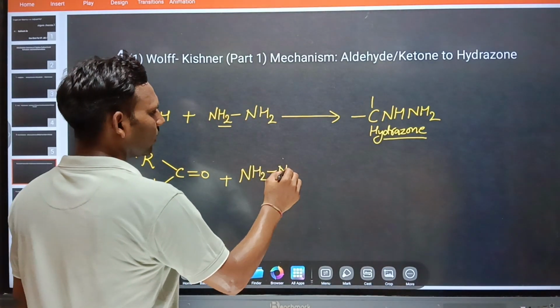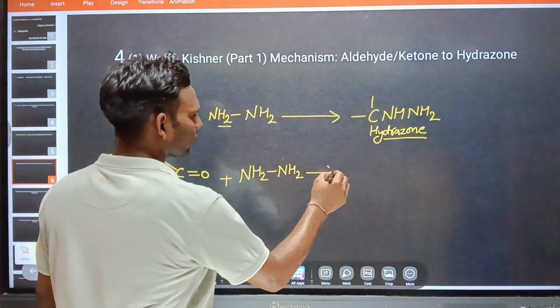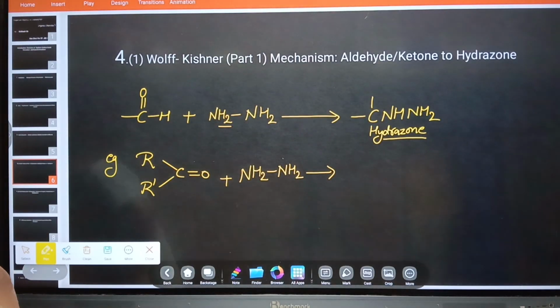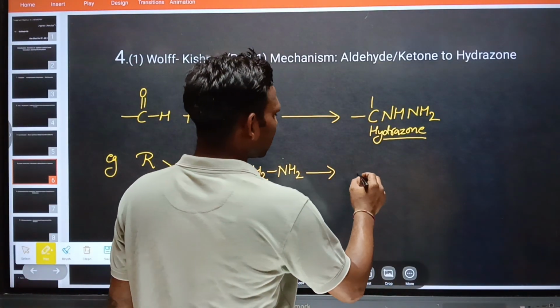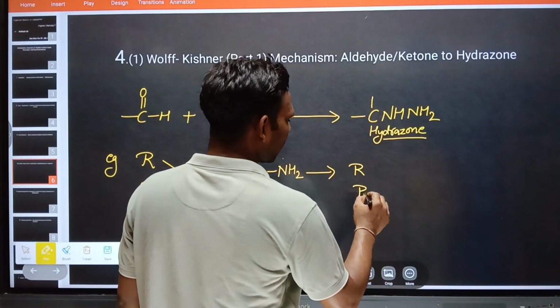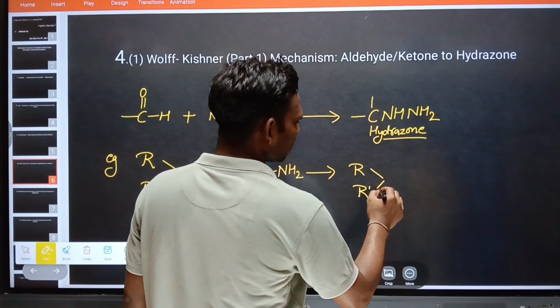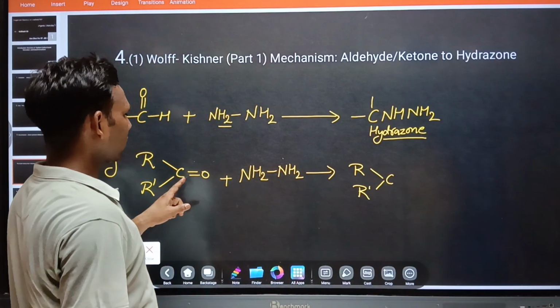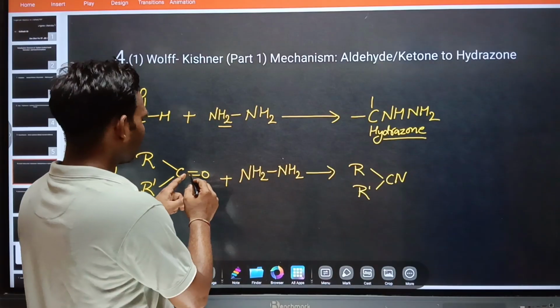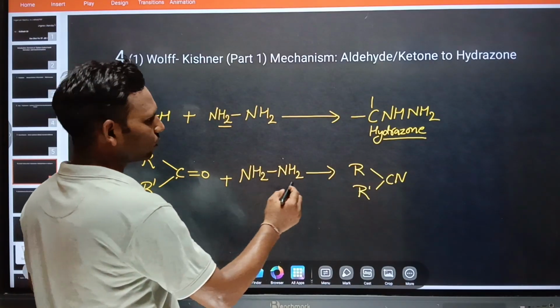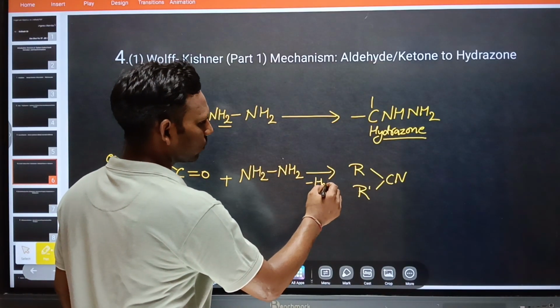NH2, NH2. Here the R dash, C, carbon to nitrogen, carbon nitrogen, and H2O water molecules are removed.